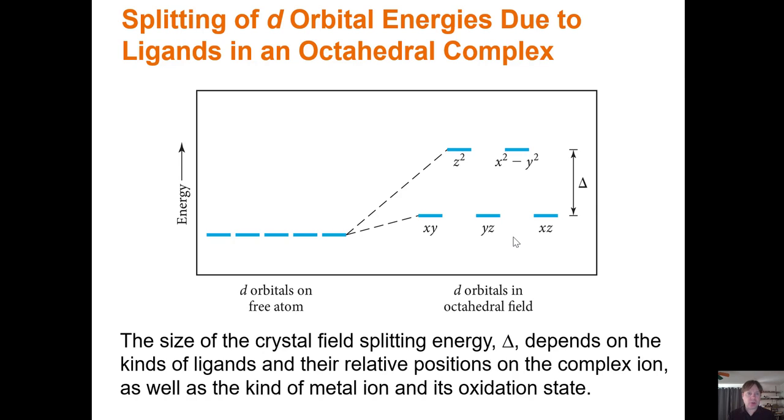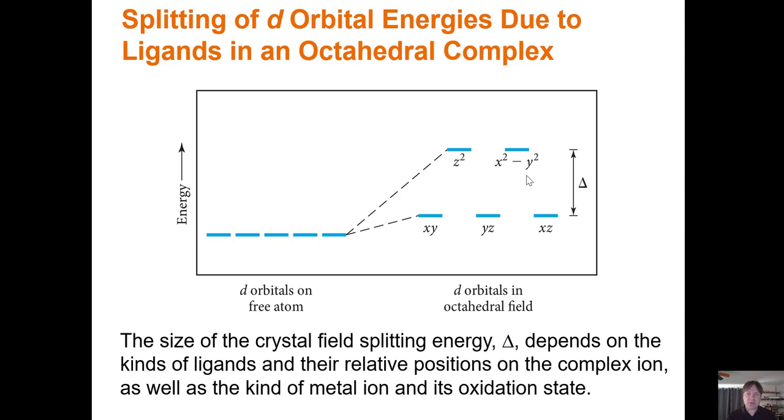However, they don't go up equally. These xy, yz, xz orbitals, where you are not aligned directly with the ligand location, go up a little bit. And then the z squared and x squared minus y squared go up a bit more. Because of that, we get what we call splitting of the d orbitals.